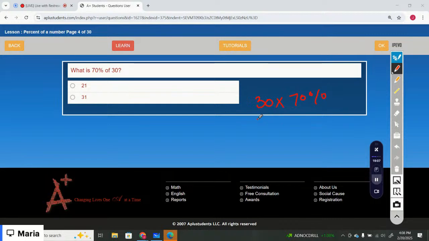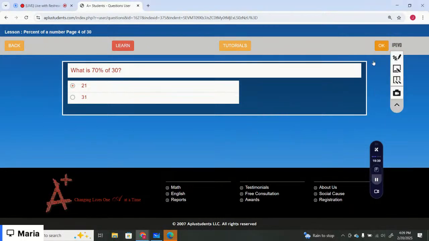So 70% means that is 70 out of 100. So that is 21. Option number 1 is the correct option. 70% of 30 is 21.